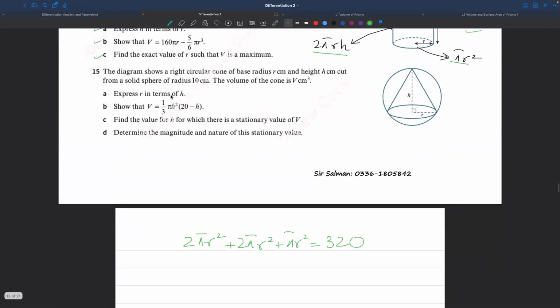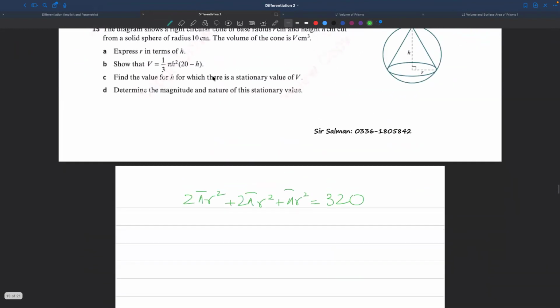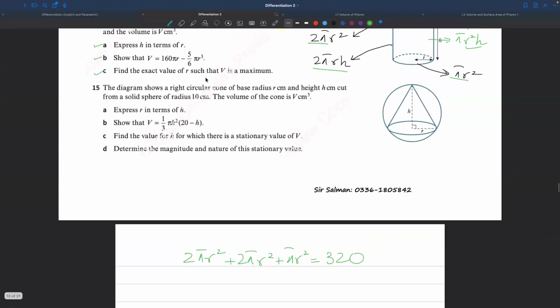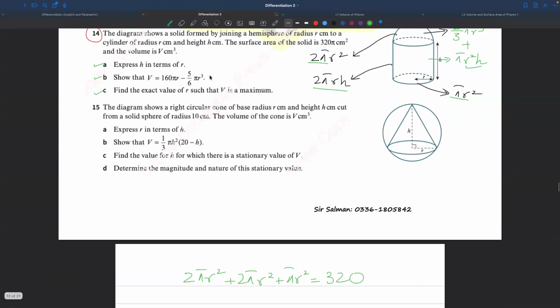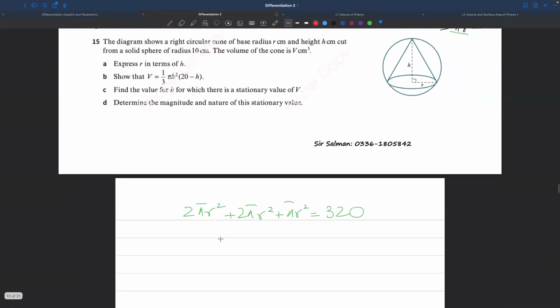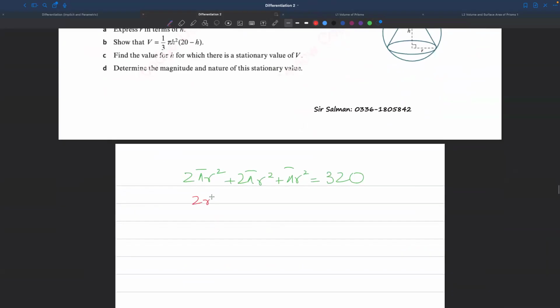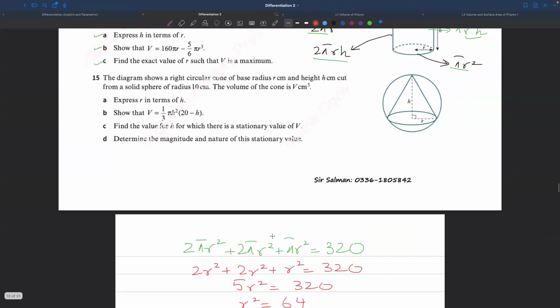And if you look at the volume, it is only in terms of r. Wow, everything is in terms of r. Okay. So can I say 2r square plus 2r square plus r square is equal to 320? So this is 5r square, right? R square is 320 upon 5, which is how much? 64. What?